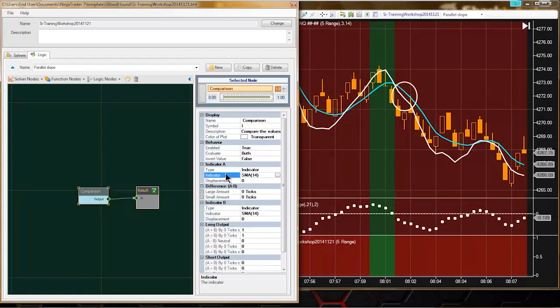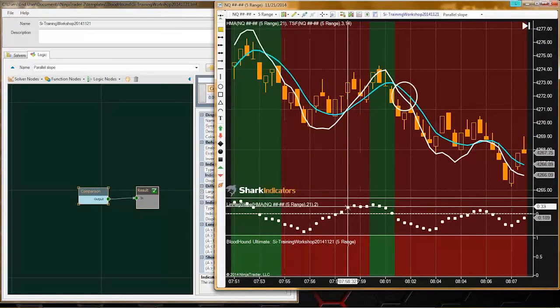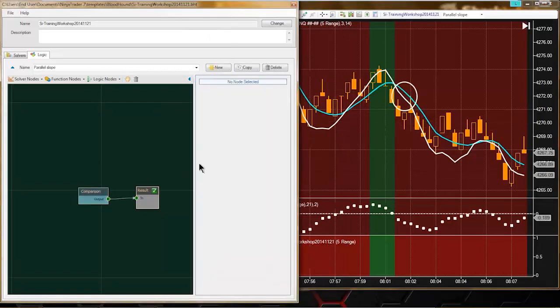We're looking for the linear regression slope values to be essentially equal to each other for the two different moving averages.